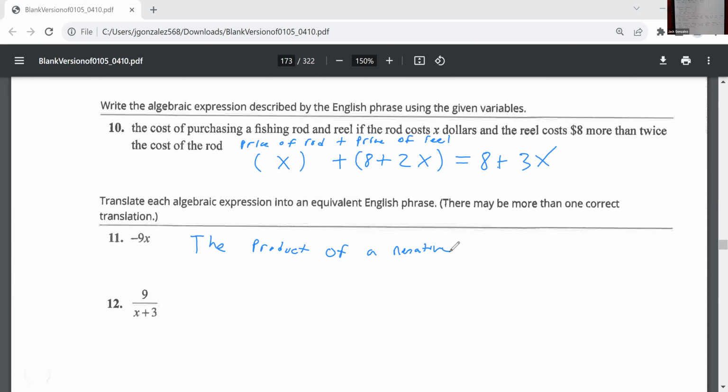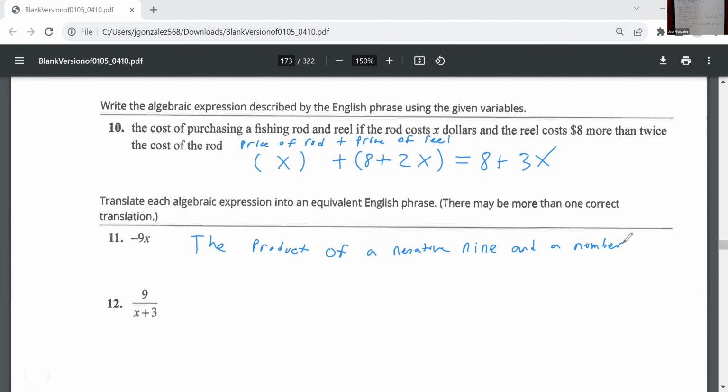That says negative, and a number. We do 12. So it was kind of weird, right? Remember, the fraction bar means division.